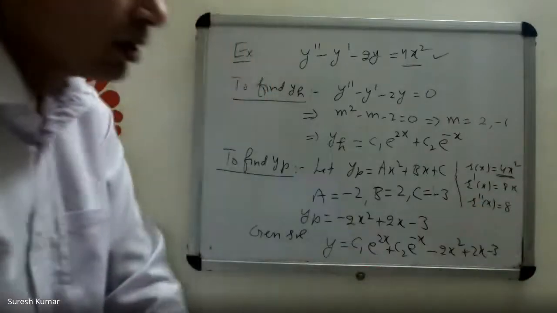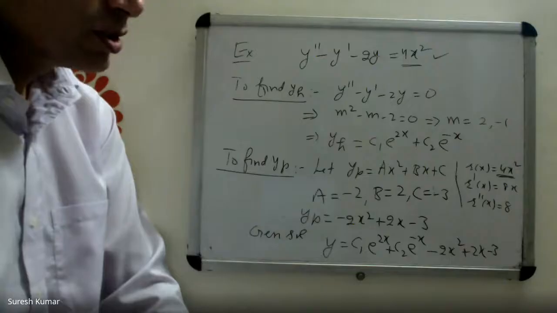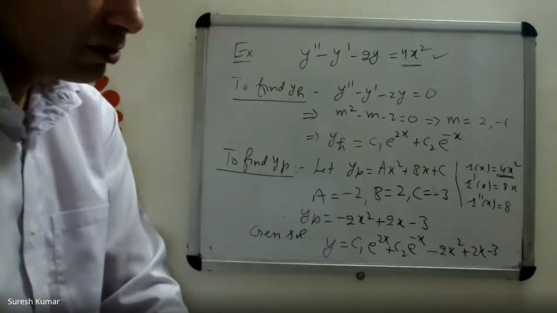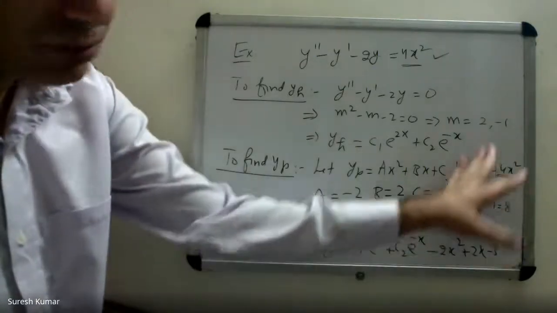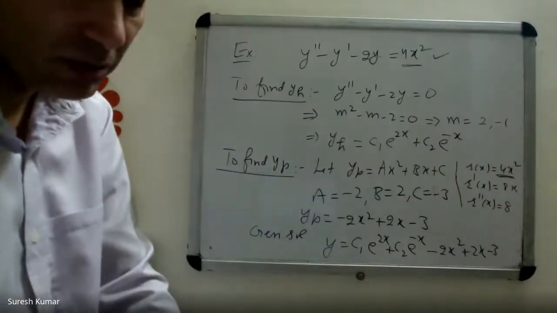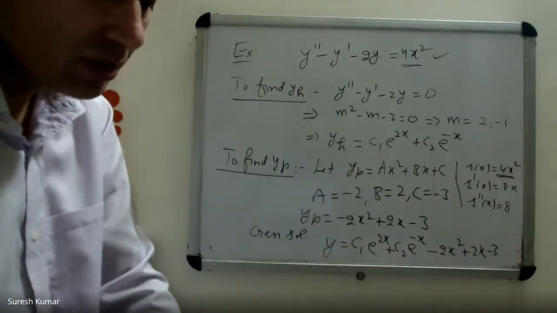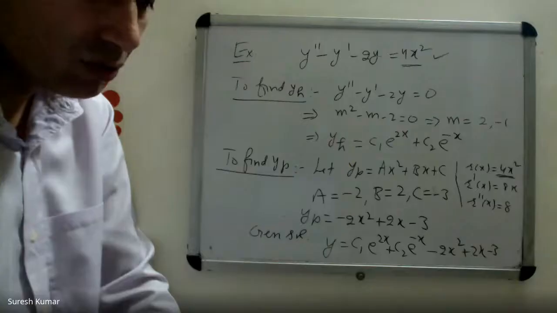Sir, why have we considered ax square? Is there any constraint? See here, R(x), R prime x, R double prime x. I told you all combinations you have to see, meaning all different derivatives of R(x) along with R(x).